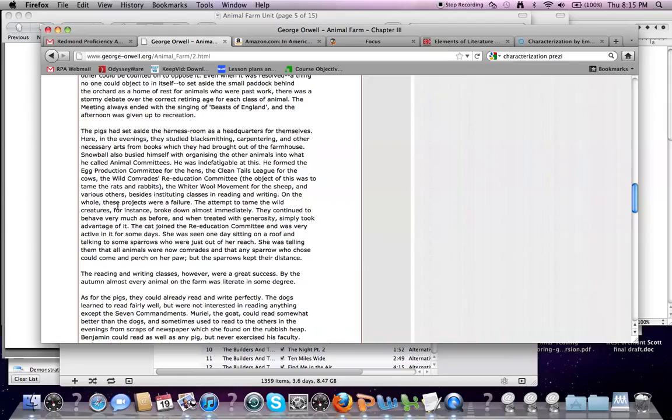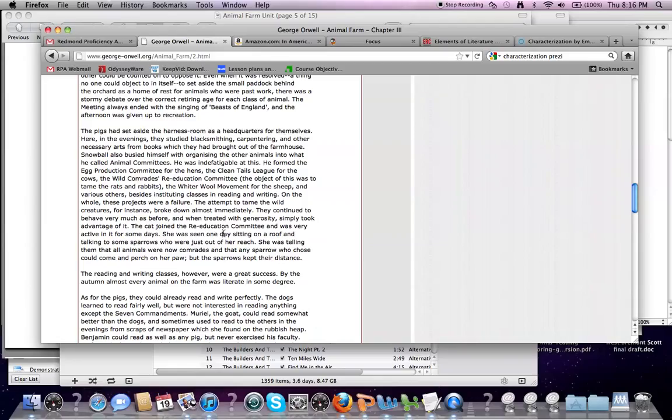George Orwell, our narrator in the novel, our speaker, is constantly hinting at there being intelligent animals and not intelligent animals. The hens and ducks, the waterfowl for some reason, are not very intelligent, but our more intelligent animals are trying to learn, and they're obviously not being allowed to learn as much.